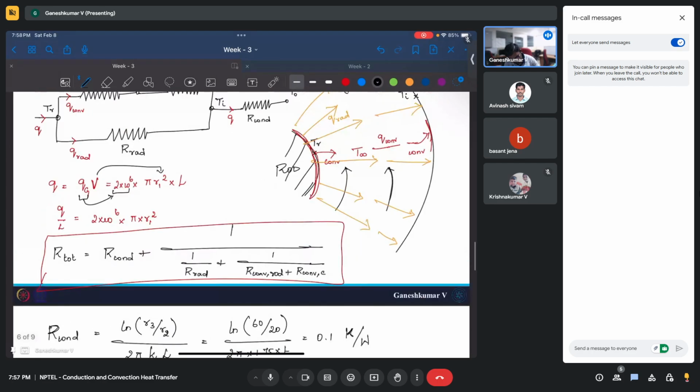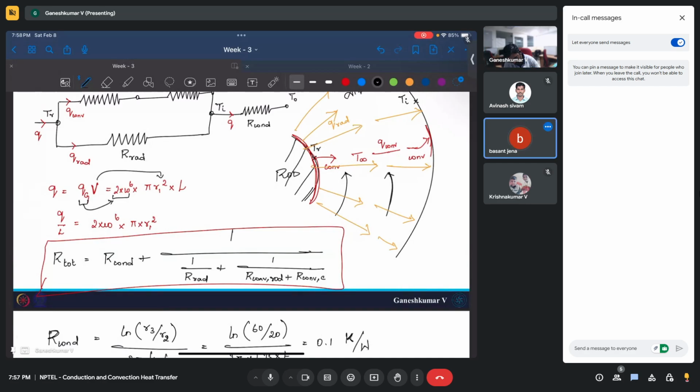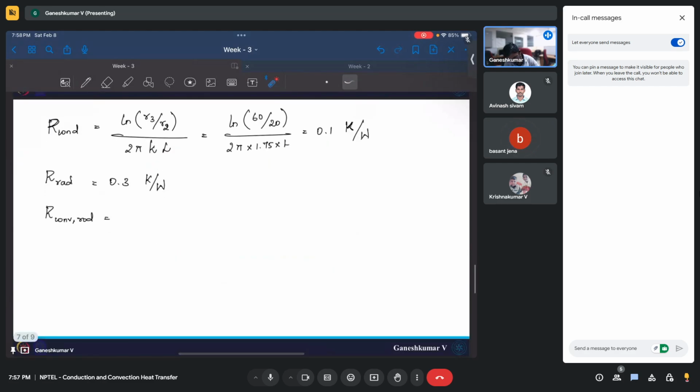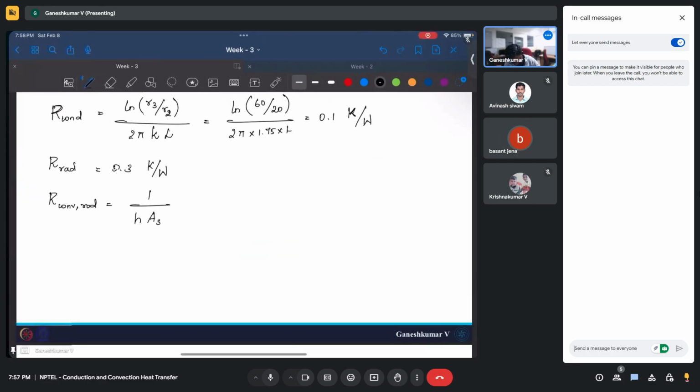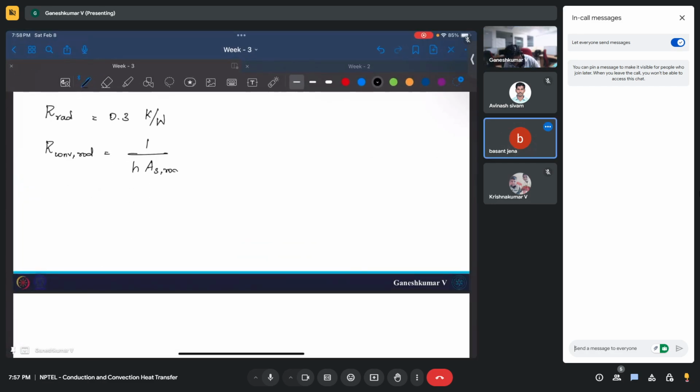Which place is this? R convection rod is this place, this convection. So how will we write that? It will be 1 divided by h convection times the surface area, but it will be the rod's surface area, that is the difference.